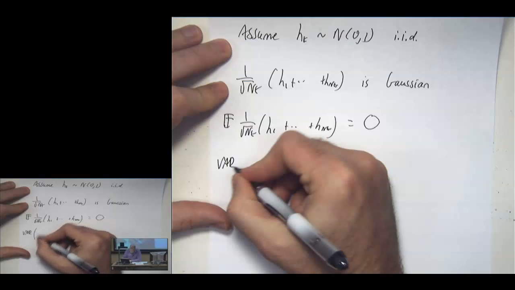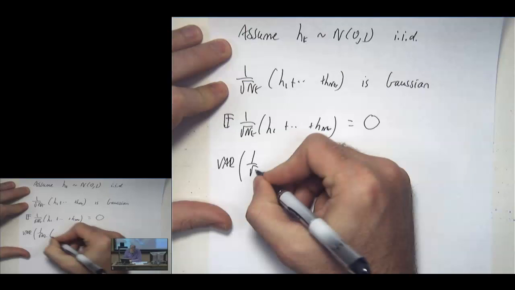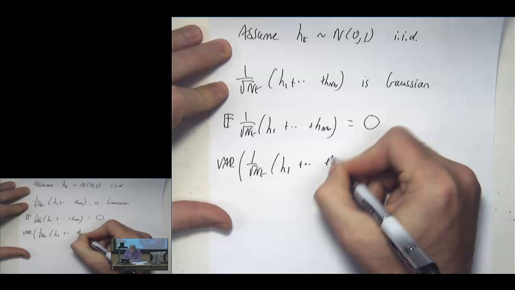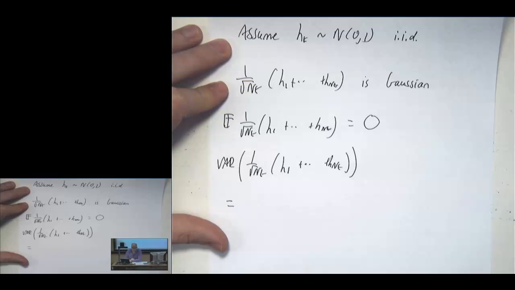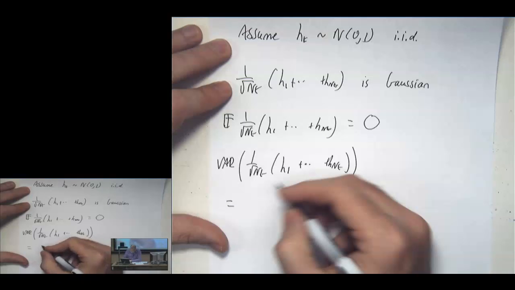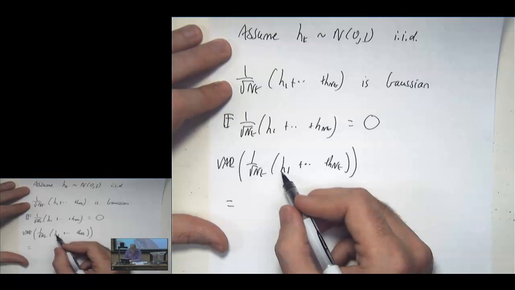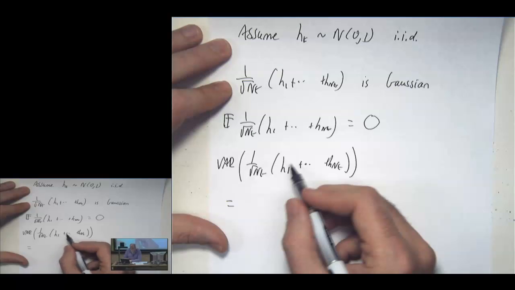Because they're independent, it's the sum of the variances. For the variance, we have to be careful because we have to take the expected value of the absolute value squared minus the mean, so we're going to have a square here.